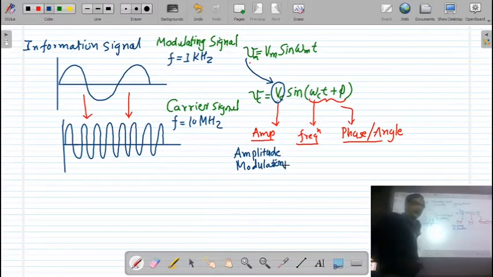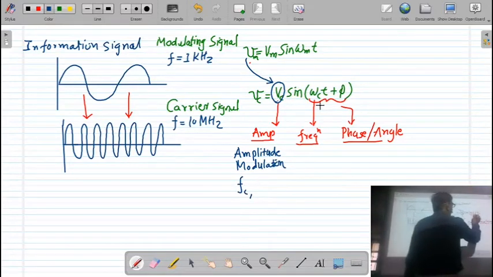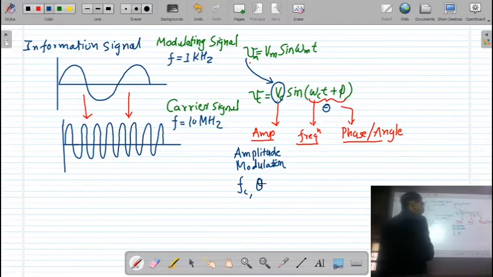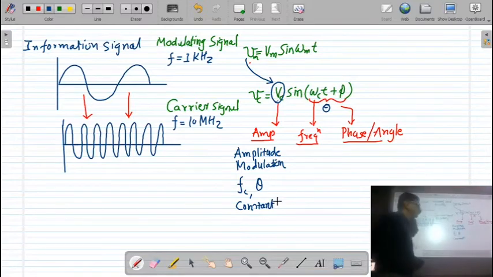But during this process, the frequency as well as the total phase, let us say theta, of the AC signal has to remain constant. That is known as amplitude modulation.